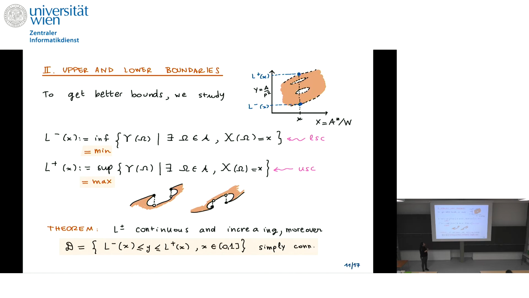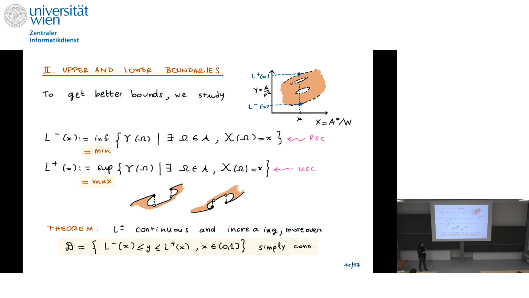Okay, so keep in mind that I want to study L plus. So I want to study somehow the optimization of area divided by perimeter to the power 2 when area to the power 2 divided by W is fixed. The first ingredient is to detect what the optimal shapes associated to boundary points are.